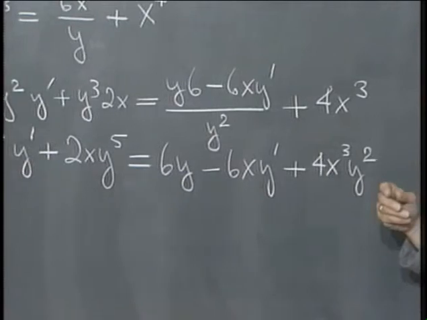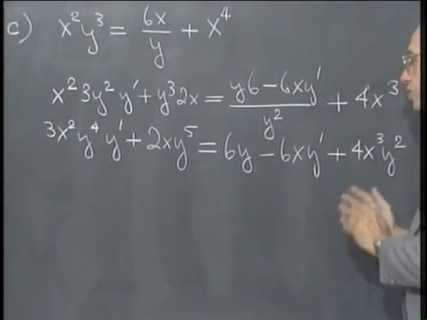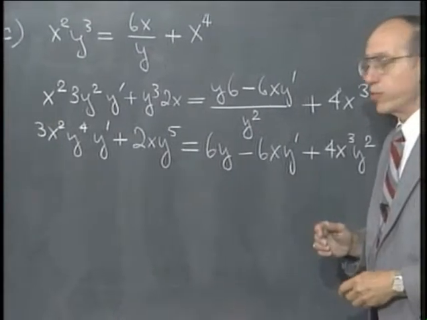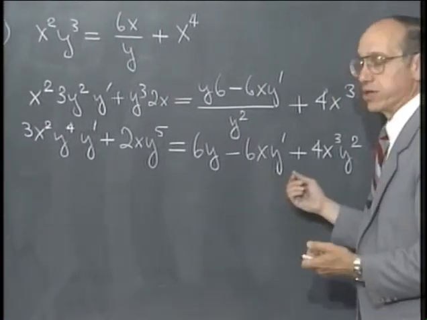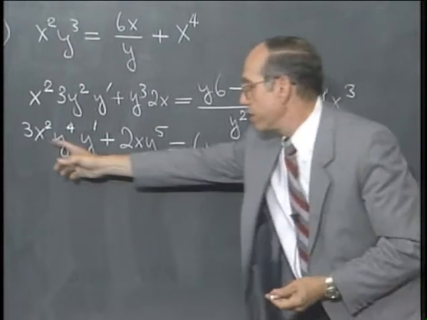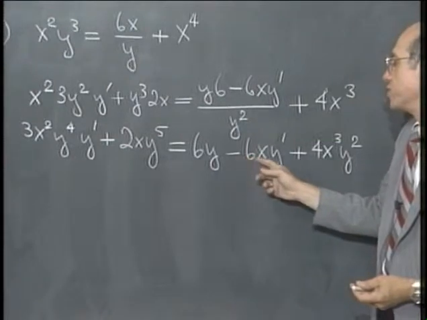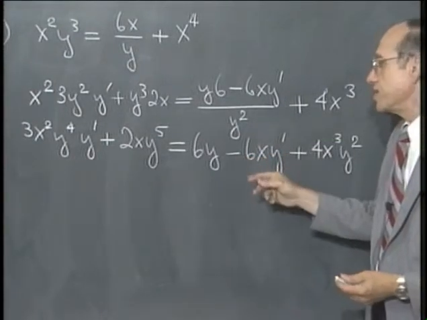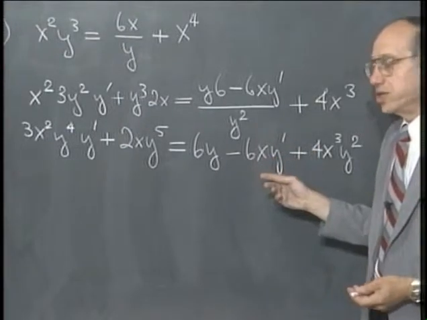Now what we want to do is group together on one side of the equation all the terms that involve y prime, and everything else we want to group on the other side of the equation. So here we have 3x squared y to the fourth y prime, and over here we have a minus 6x y prime. So let's add 6x times y prime to both sides of the equation.